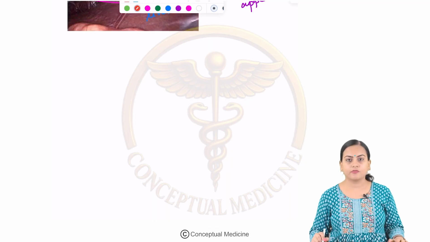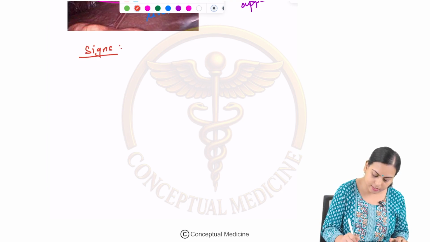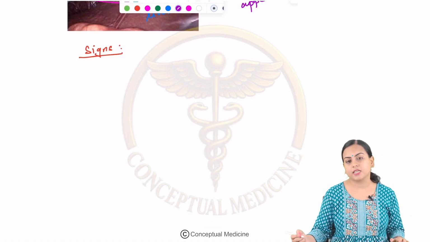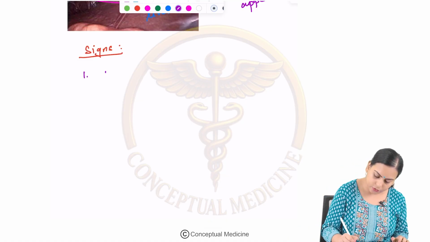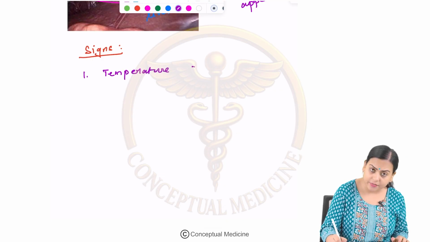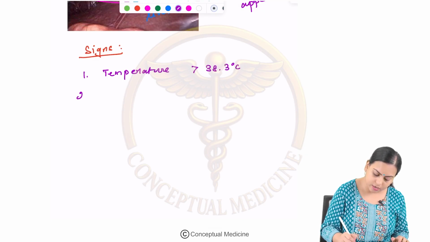you will be taking the patient for examination. So, what are the signs that you will be seeing in a patient with pelvic inflammatory disease? Signs will include temperature that is elevated more than 38.3 degrees Celsius.